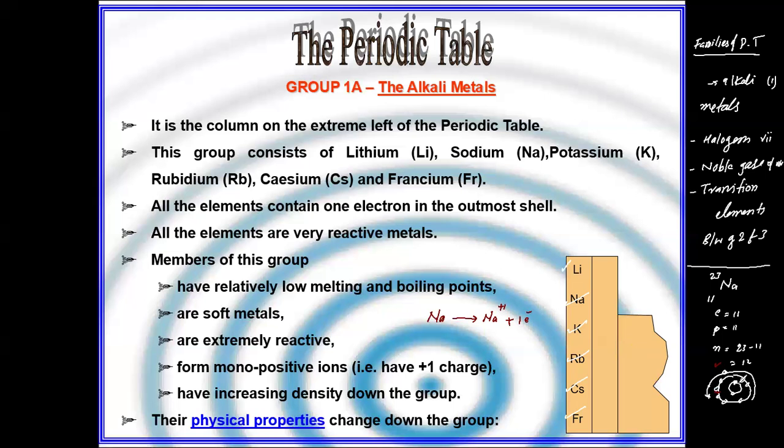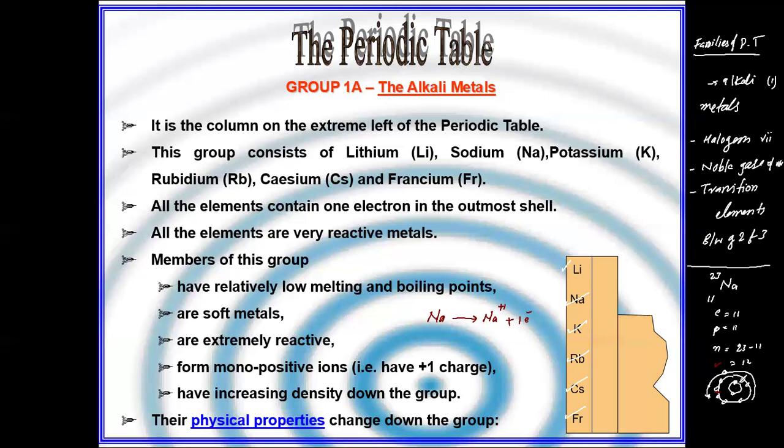Noble gases, which are group 8 elements, helium, neon, xenon, we will discuss their properties, are the only elements whose outer shell is complete, while all the other elements have incomplete outer shells. That is why they are known as unstable in terms of electronic configuration. Electronic configuration is the arrangement of electrons in the shells. Hope you understand?